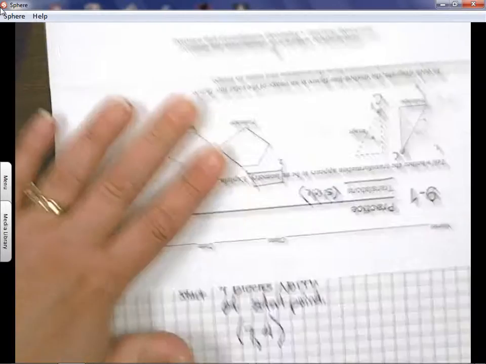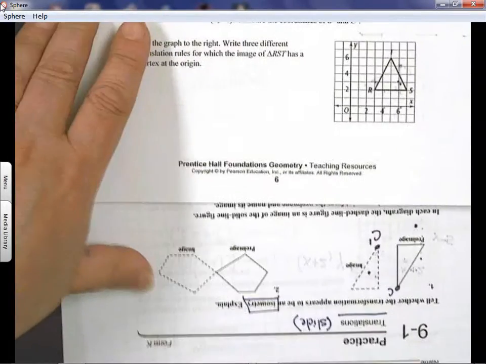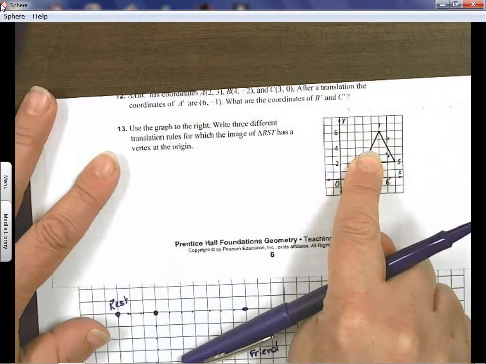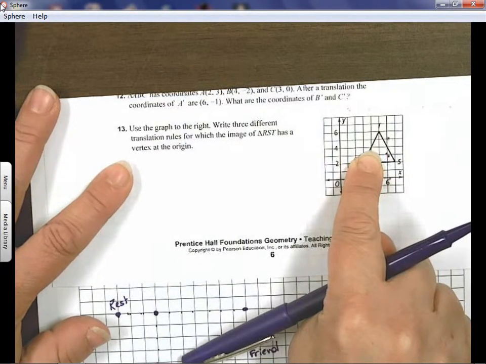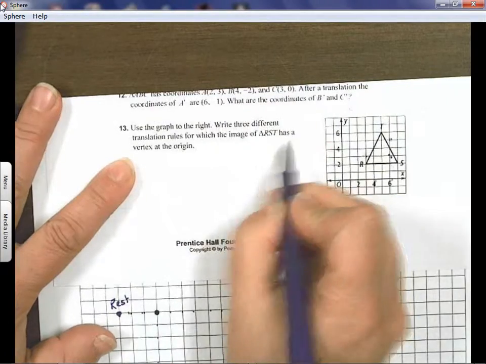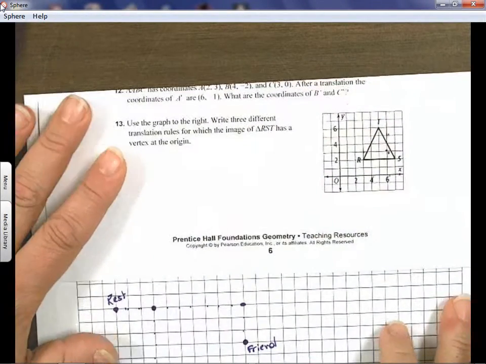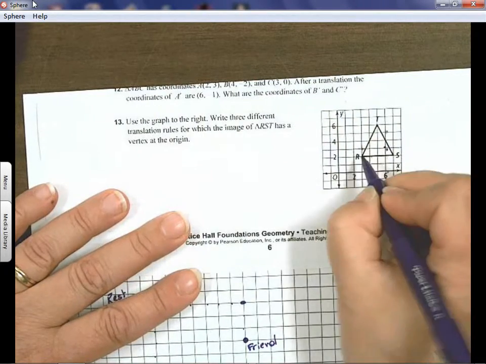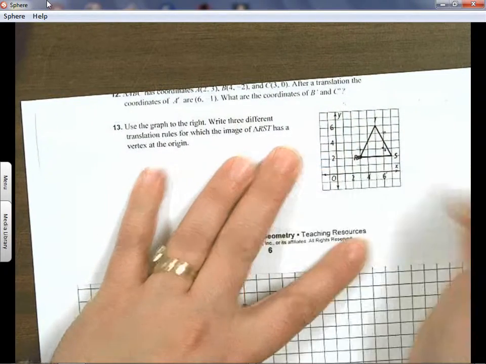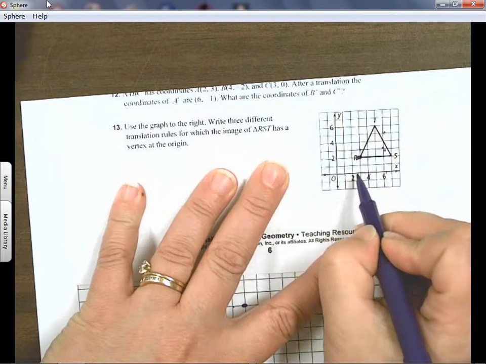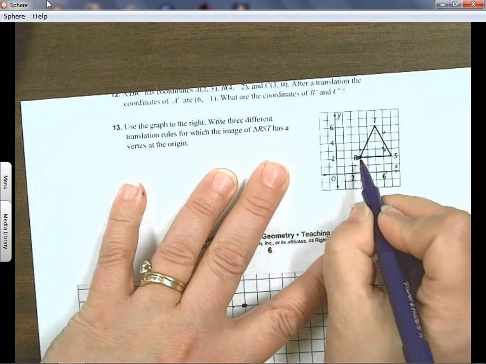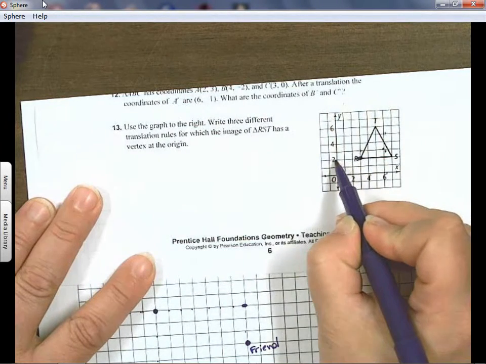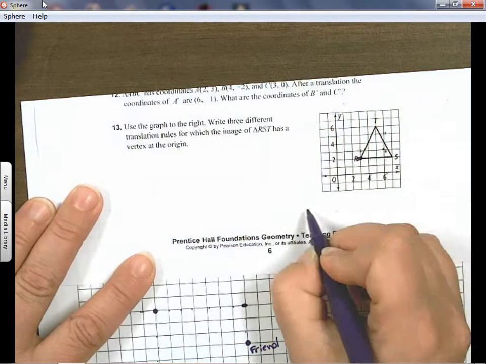And then here on 13, they want me to use this graph to describe where it has a vertex on the origin. Well, you have to decide which vertex we want to put on the origin. Well, I think R would be the simplest. So if I'm going to get R to the origin, what do I have to do to my X value? I have to go 1, 2, 3 to the left. So that means I'm going to be subtracting.